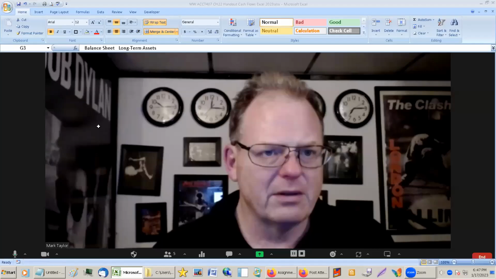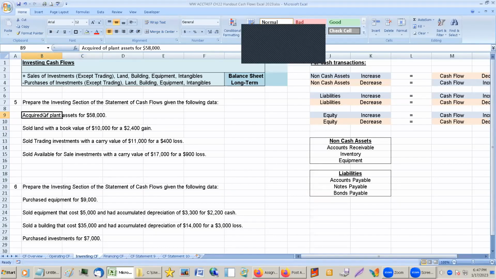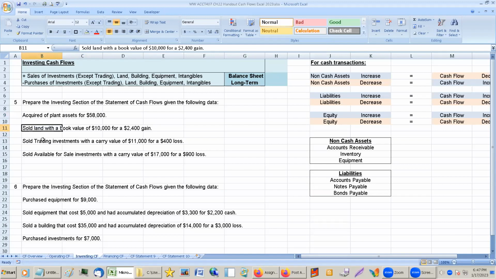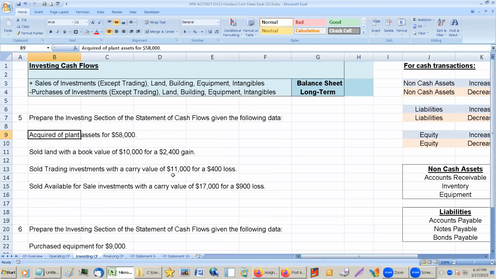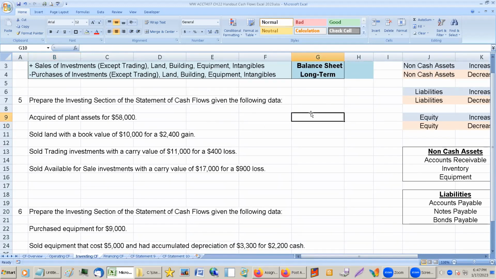So the terminology can be a little bit funny sometimes, but acquired basically means buy, and sold or disposed of means to sell it. All right, so let's go through each of these. There's usually a lot less in this category than on some of the other ones. Not always though.